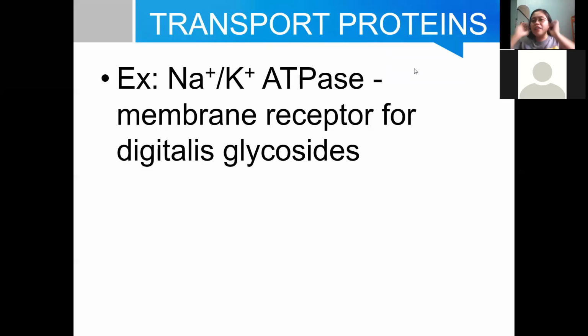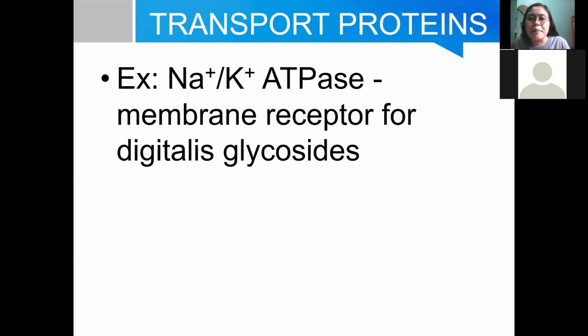Next, we have another type of protein that can be considered as a drug receptor: the transport protein. From the name itself, its function in the body is the transportation of chemicals from one part of the body to another.